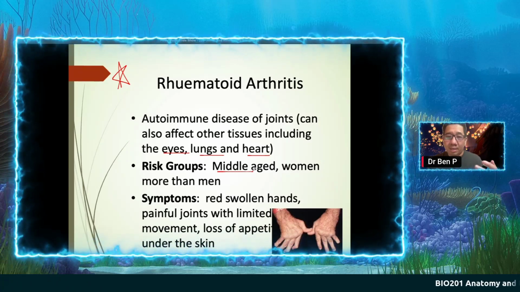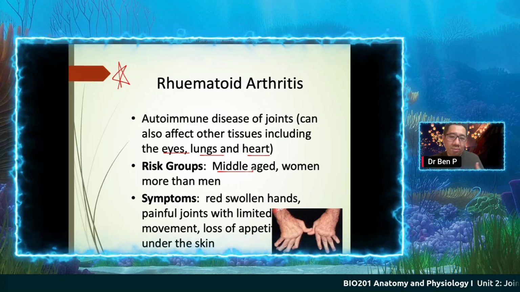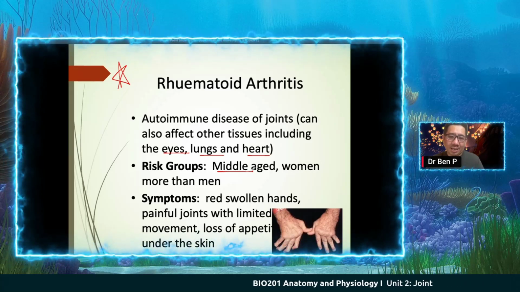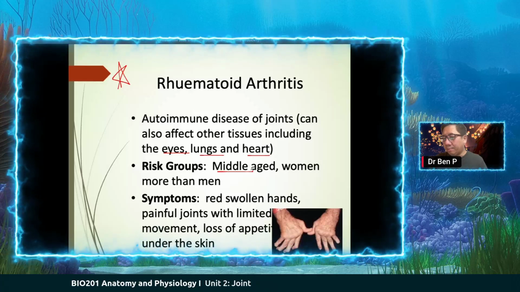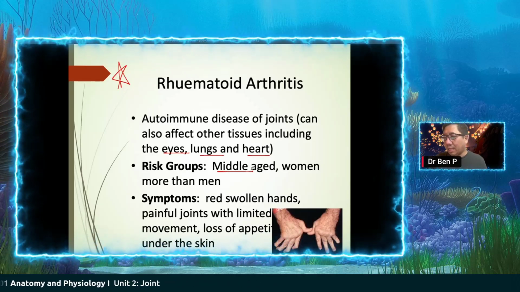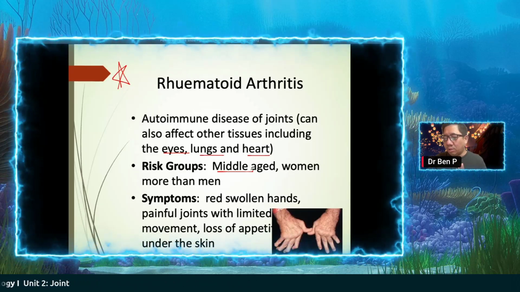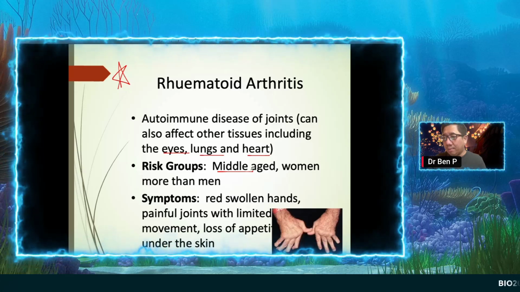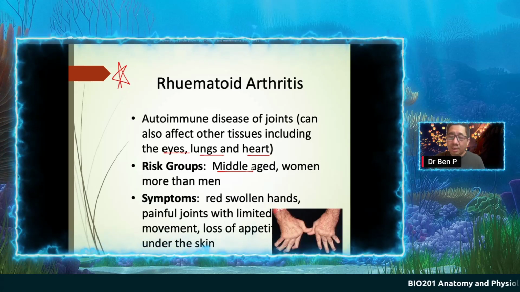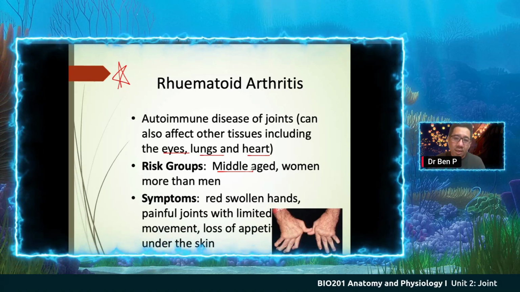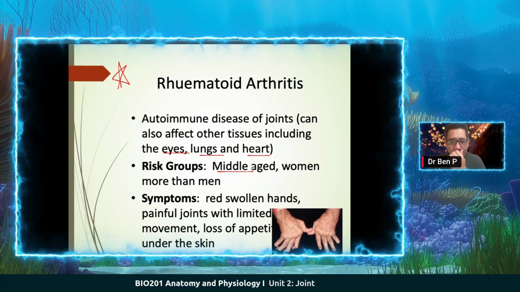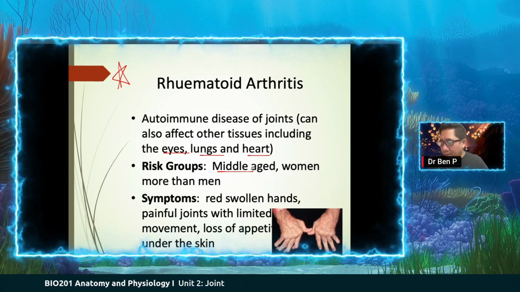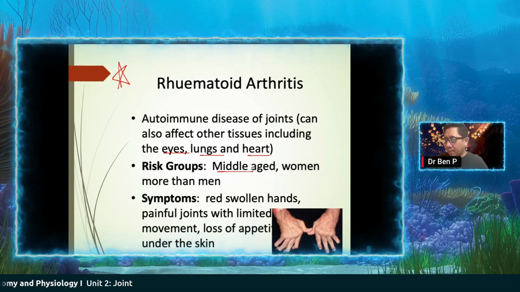You're going to see swollen hands and painful joints. Sometimes this can happen earlier because it's a genetic condition that can be passed on. Some people can have it when they're younger, but most people usually have it in middle age.